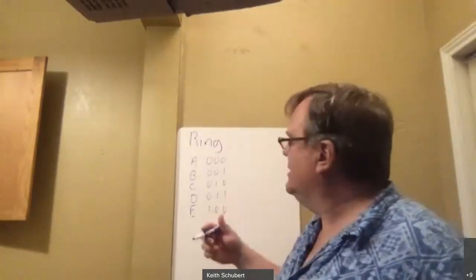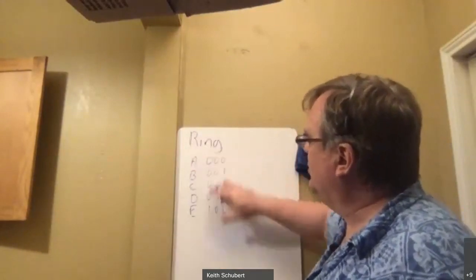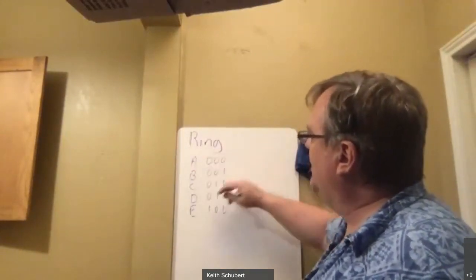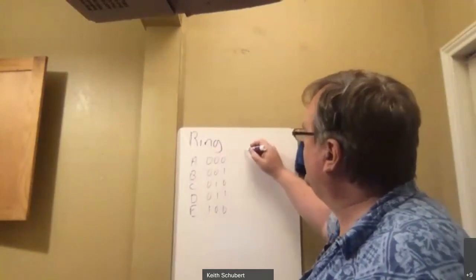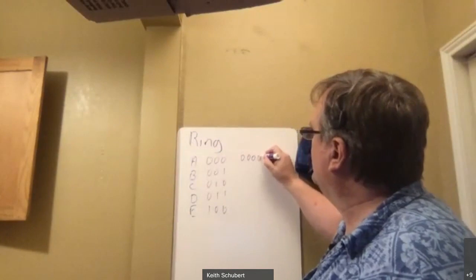A one hot system looks at this and says, hey, instead of 3 bits, what if I just assign 1 bit to each state? So I make 0 0 0 0 1.